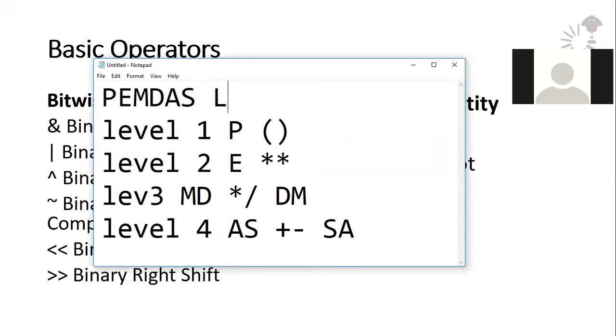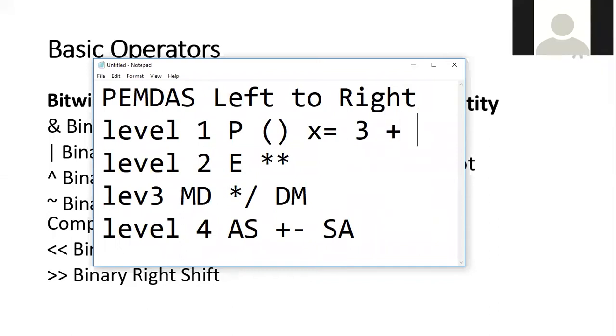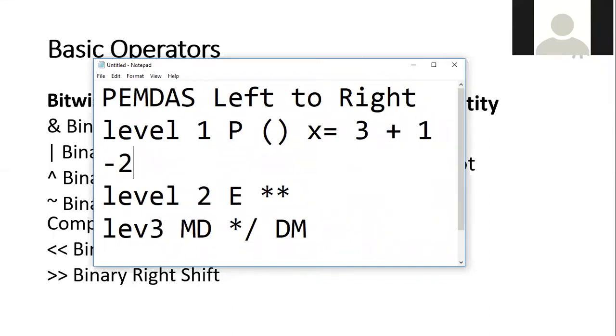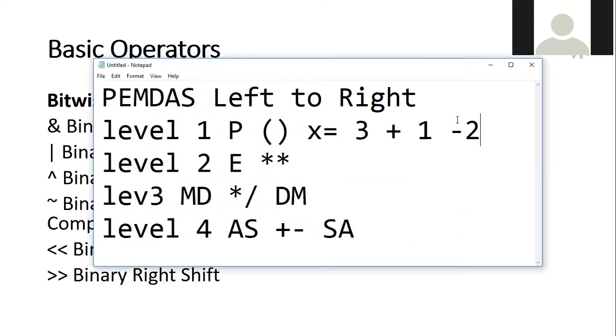Okay, left to right. I'm looking for left to right associativity or behavior. Okay? So yung pinaka nasa left. Nasa left. Yung pinaka nasa left, siya yung uunahin natin. So in this case, nauna si addition.